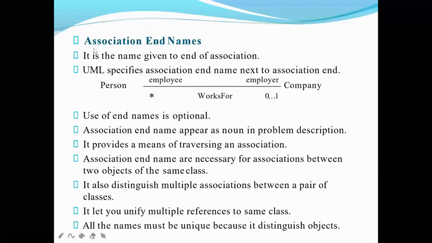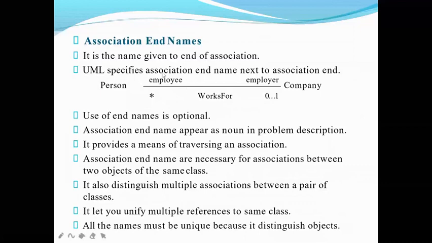These are the names at the end of the associations. The association is nothing but the description, right? You have to specify what kind of relationship it has. Let's see the example first.